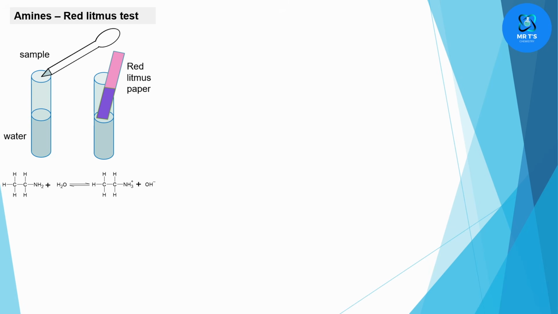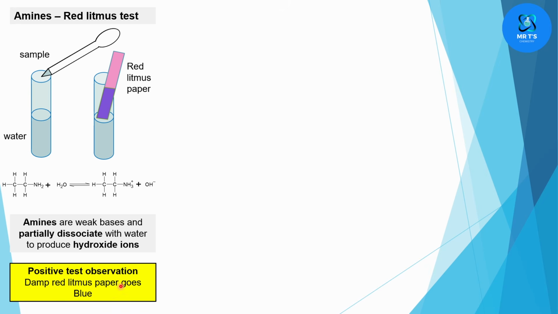The reason that worked is that when we added the water to the amine, the water donated a proton to become a hydroxide ion, and the hydroxide ion will react with the litmus paper to make it turn blue. Amines are weak bases, they partially dissociate and produce hydroxide ions.